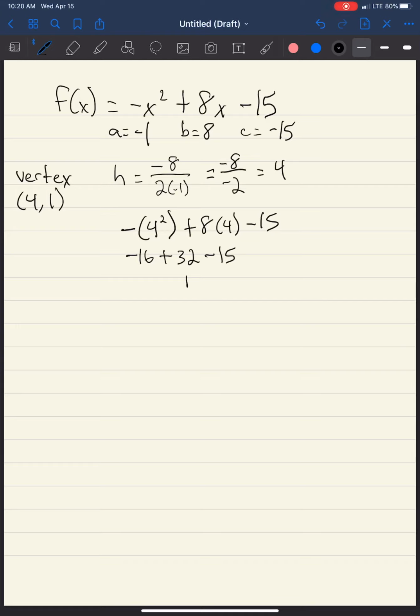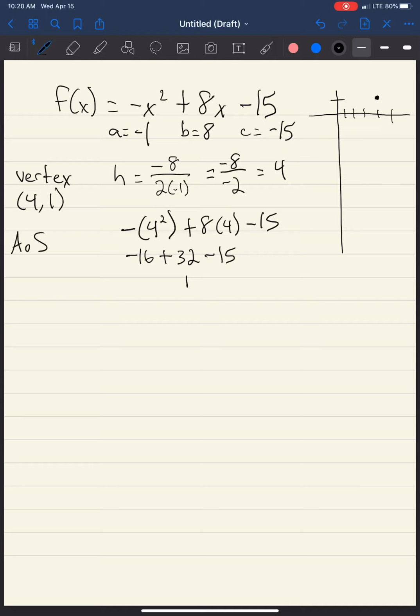So I'm going to come over here and I'm going to draw a little graph. And I said at 4, 1 was my vertex, so it's going to be right there. So let's think about our axis of symmetry.